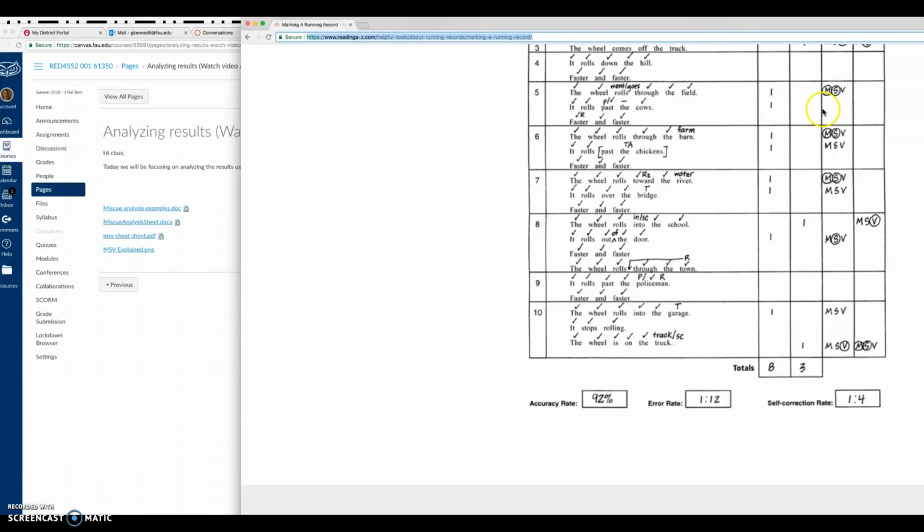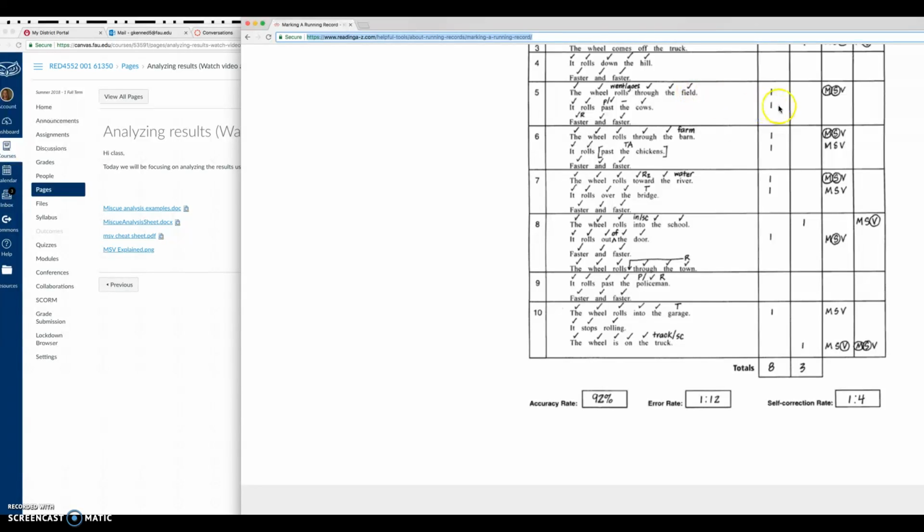So then we move on to the meaning. If we were to substitute these words in instead of rolls, does it still mean the same? If the student says the wheel went through the field or the wheel goes through the field, it still means the same as the wheel rolls through the field, essentially.